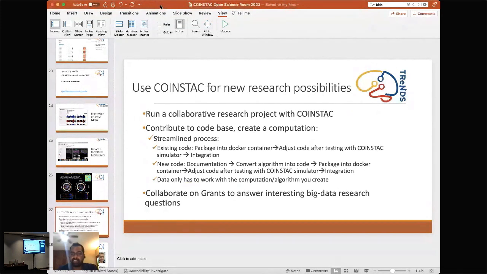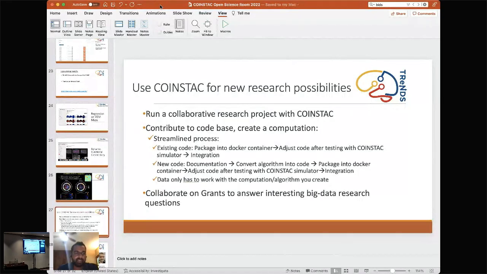If the data works with the algorithm that is included in COINSTAC or that you want to create, and we expect the other users in COINSTAC to have their data organized in a similar fashion, then it works with the COINSTAC framework.